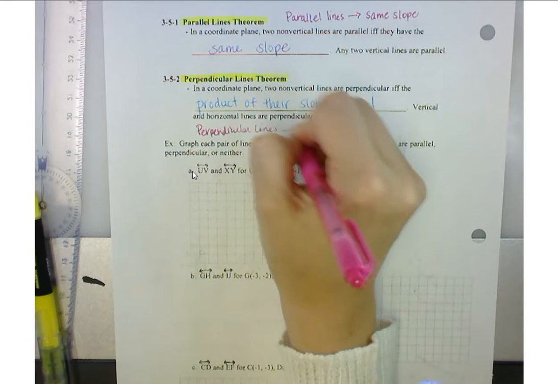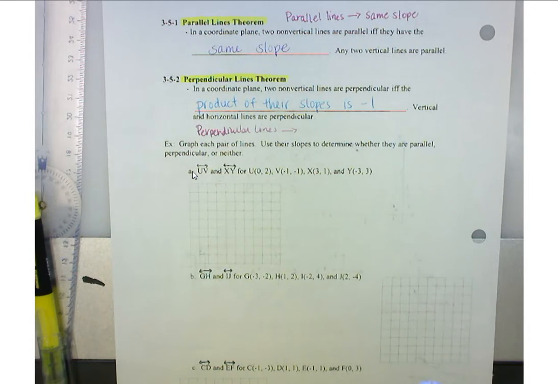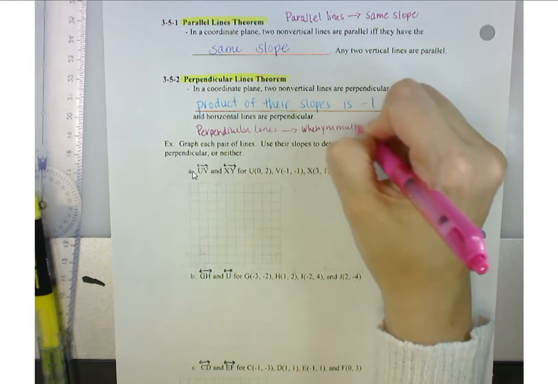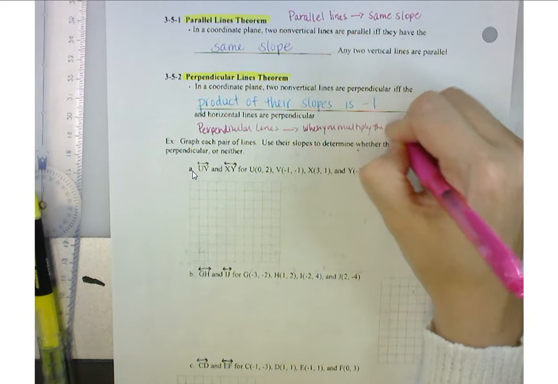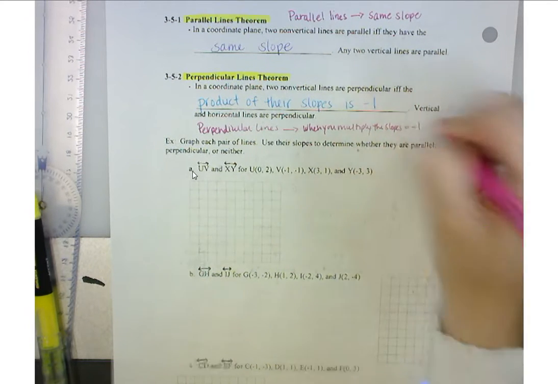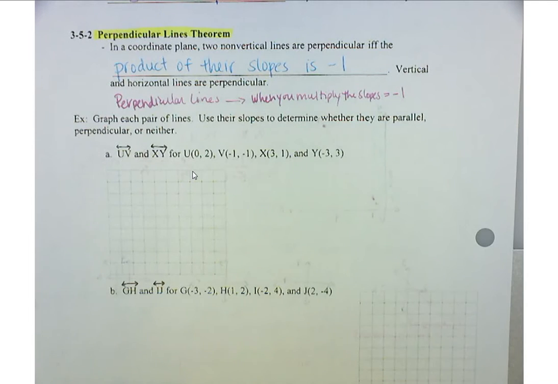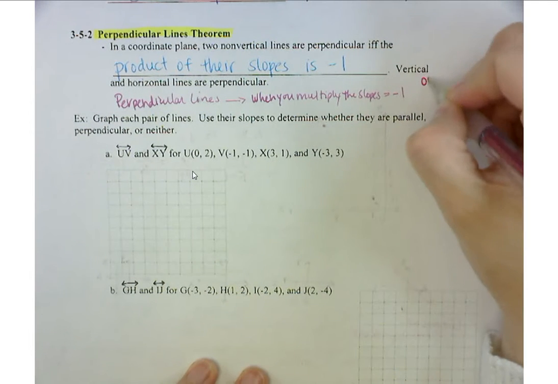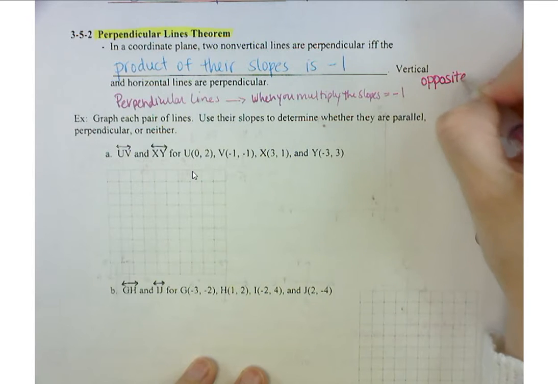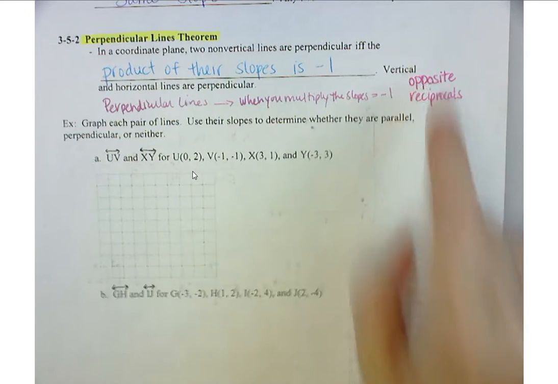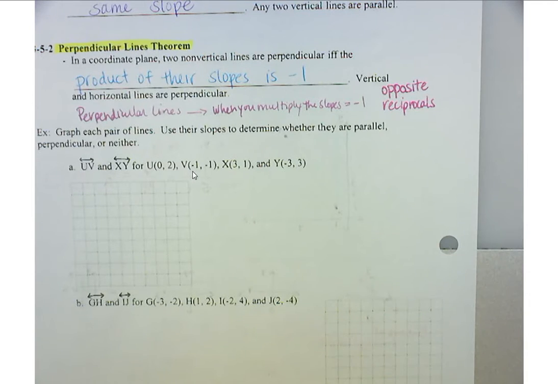Okay, so for perpendicular lines, there are really two ways that you can think of this. When you multiply the slopes, that equals -1. Or sometimes you might hear them referred to as opposite reciprocals. So when you look at the word, the opposite represents the sign.